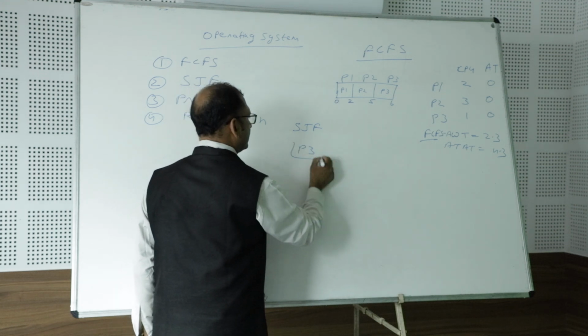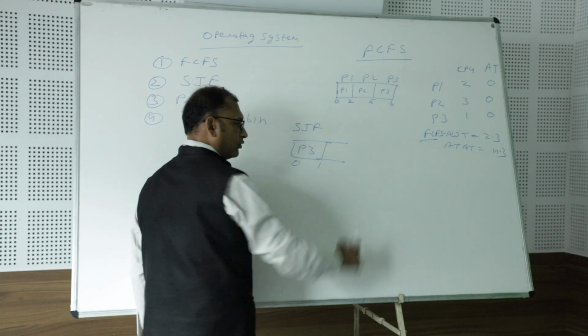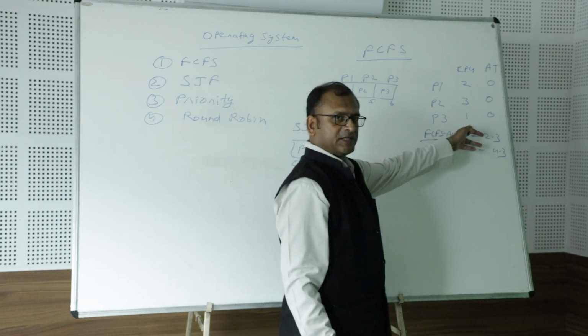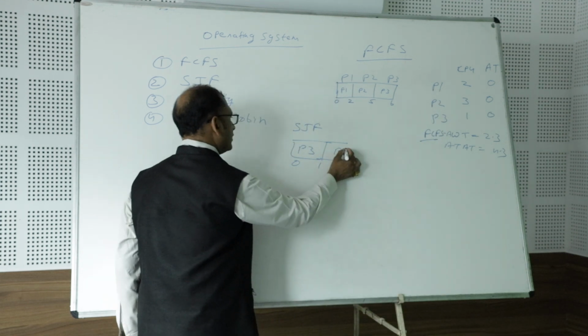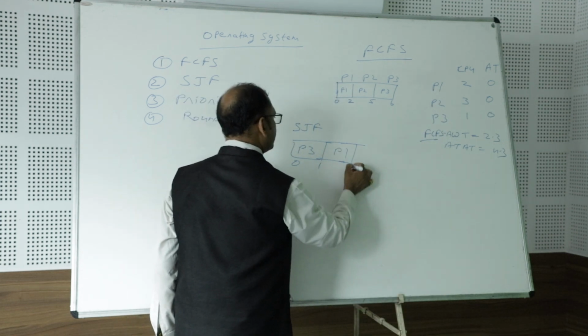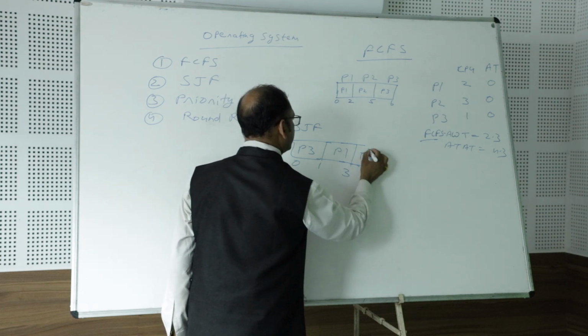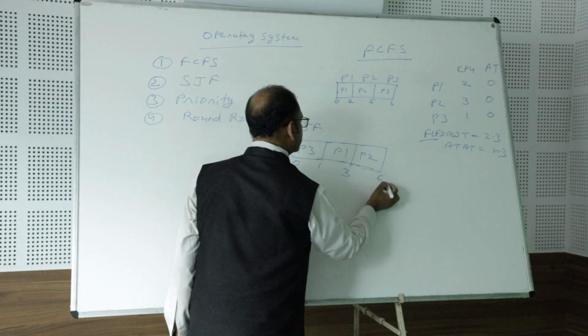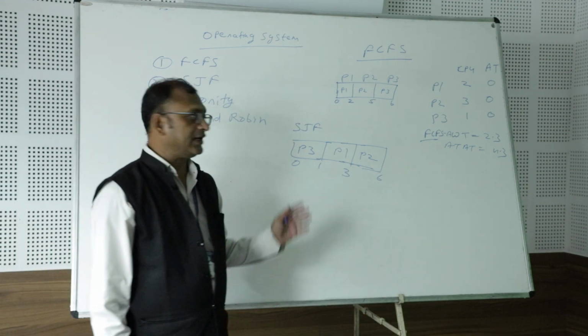It will be executing from 0 to 1, because it has got only 1 unit time interval CPU burst requirement. Then we will be scheduling P1 from 1 to 3, and then we will be scheduling P2 from 3 to 6. So this will be the sequence of process execution in case of SJF.